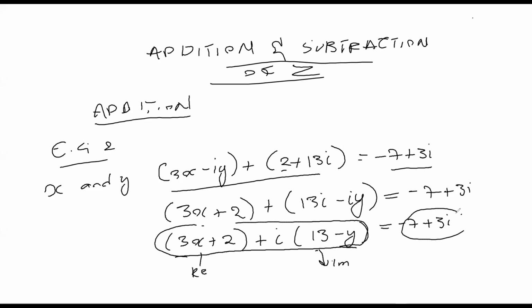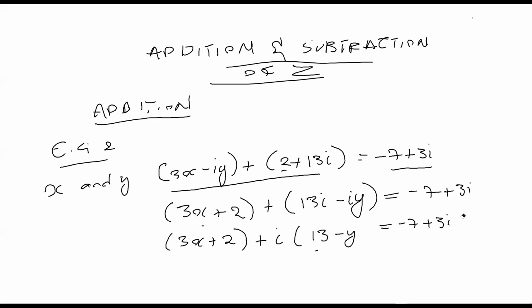Now that being said, we can simplify this further by equating these two complex numbers, because we have an equal sign here. Which means that this complex number on the left-hand side is equal to the complex number on the right-hand side.